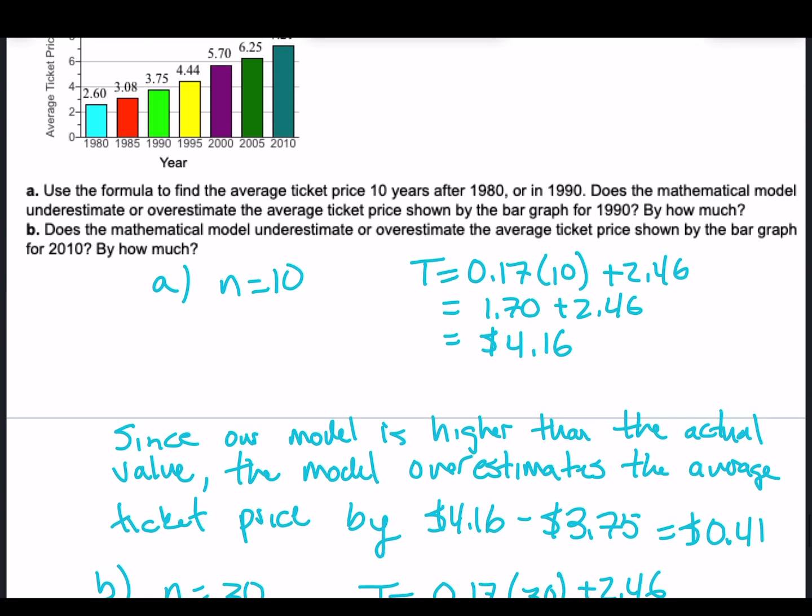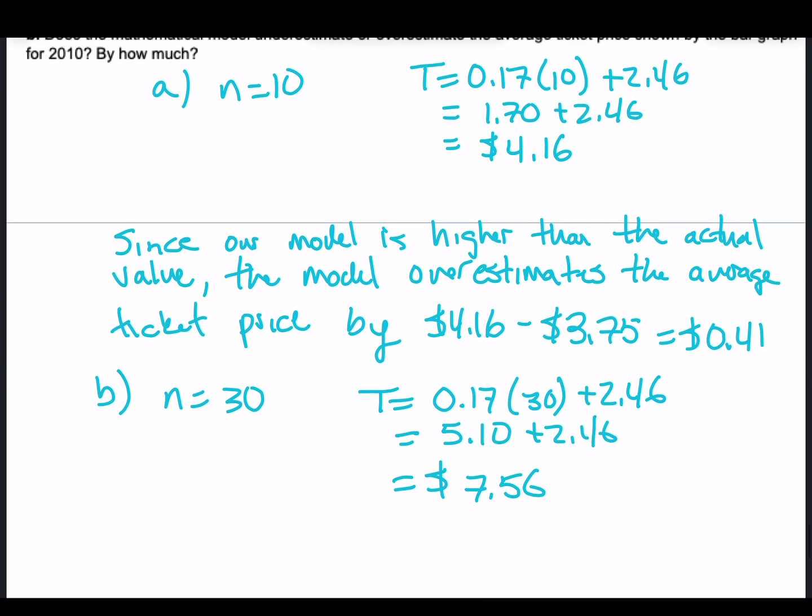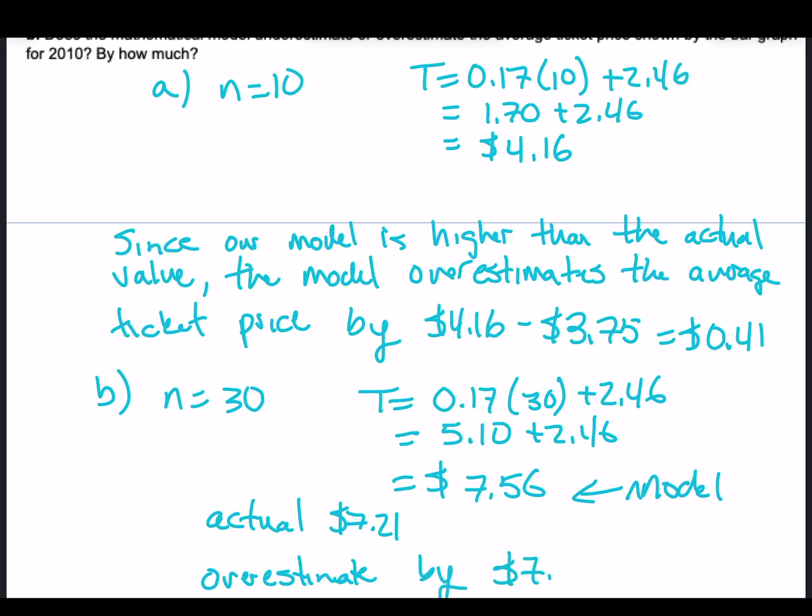Well, if we go back up, we can see that the actual price is $7.21. Our model says that it's $7.56. So we have an overestimate again by, we'll take the difference, 7.56 minus 7.21, which is a difference of 35 cents.